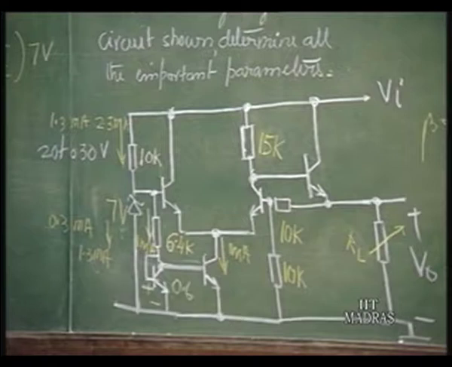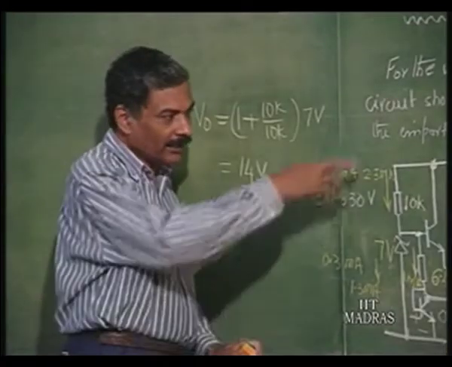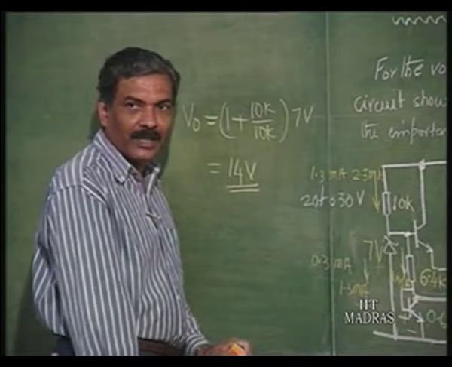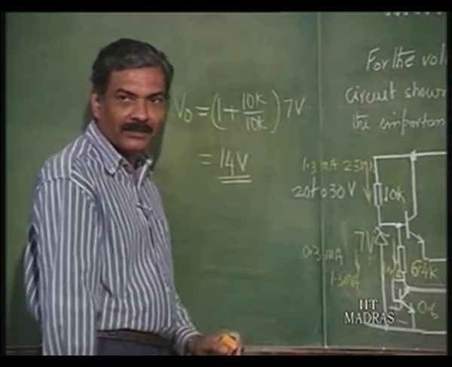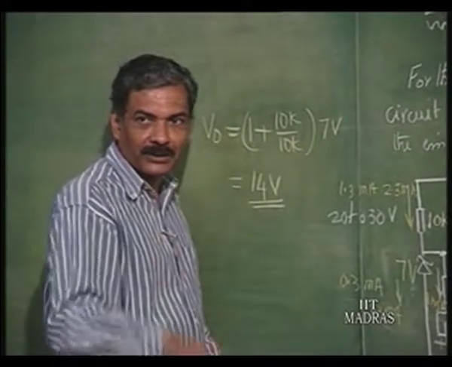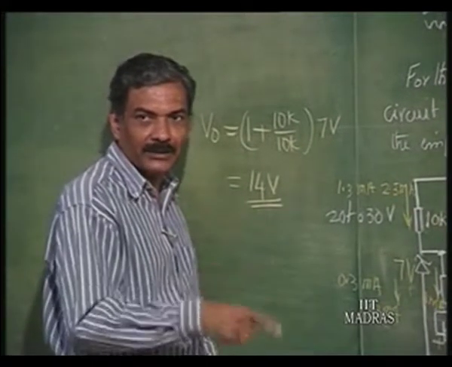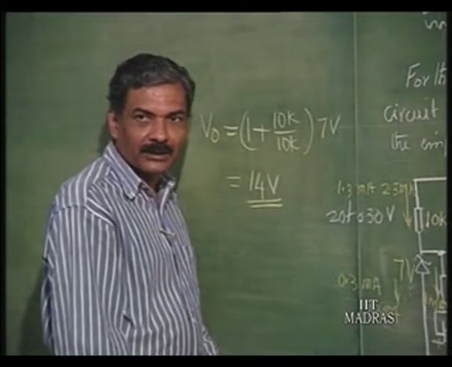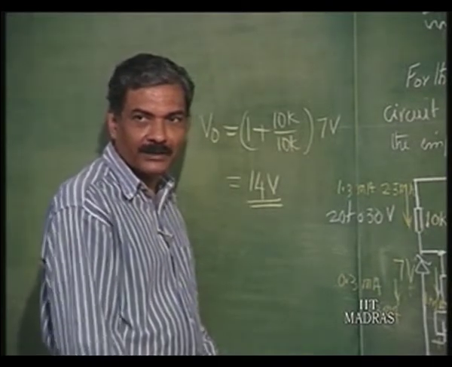So, that is what is called line regulation. As Vi is changing, output voltage is changing. So, you can find out the line regulation factor as 14.2 minus 14, divided by 14, expressed as a percentage. That is the line regulation factor for this circuit.